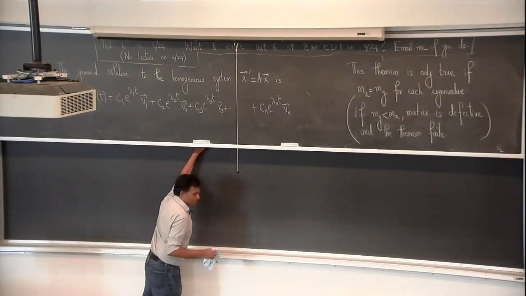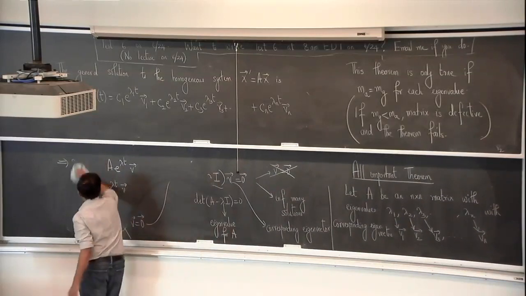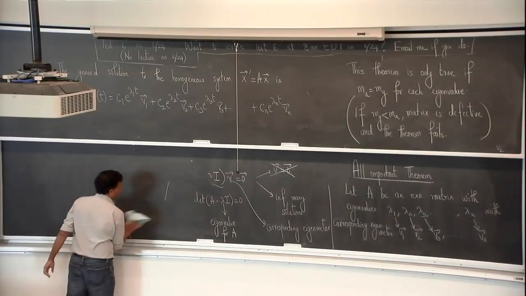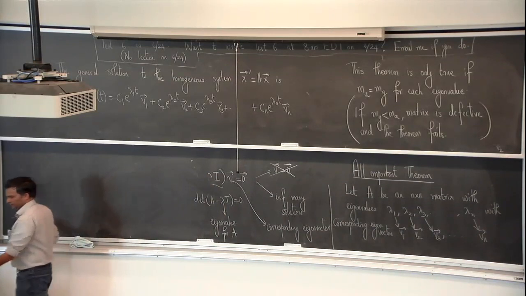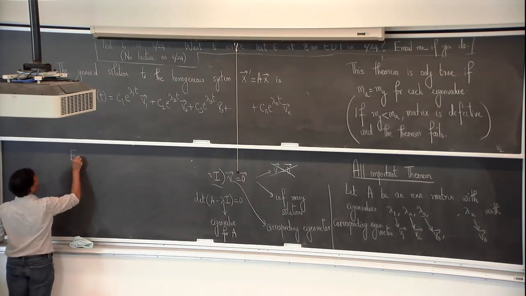Here's an example. I'm going to borrow an example from yesterday's lecture, just so that I don't have to do a full 3 by 3 in its full glory. So let's do this. Example.